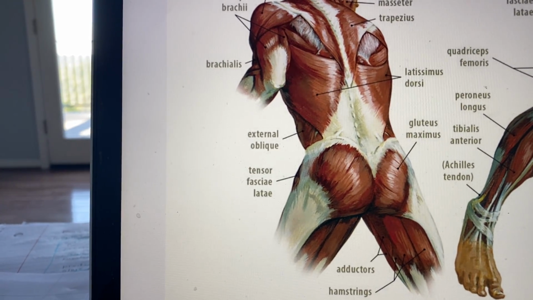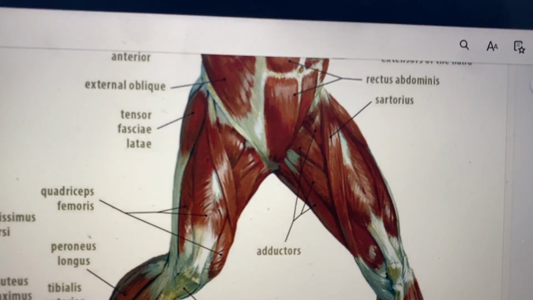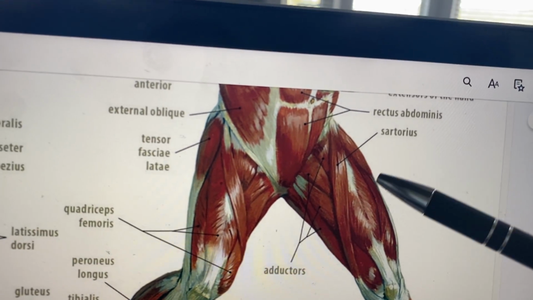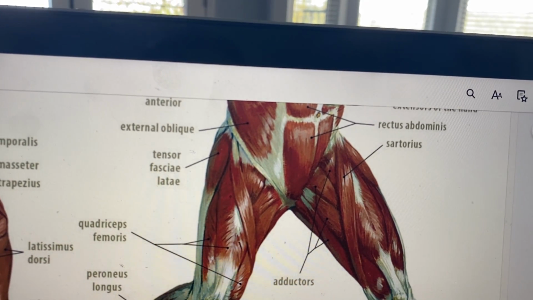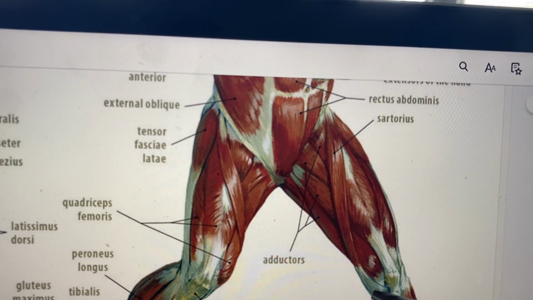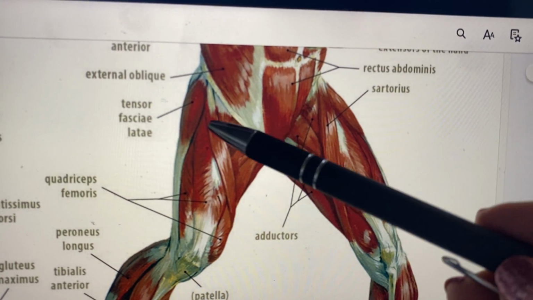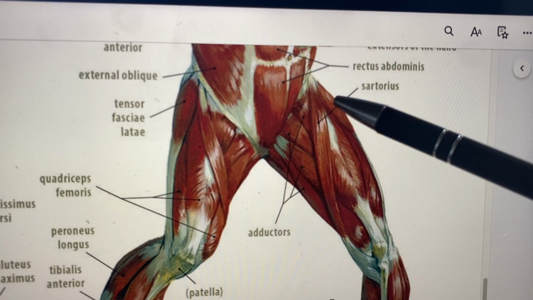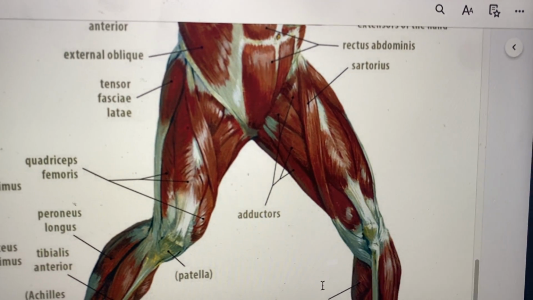You can see in the front how this sartorius comes down like a diagonal, like that. See that muscle coming down right over your quadriceps right over here. The hamstrings are in the back, the sartorius is in the front.